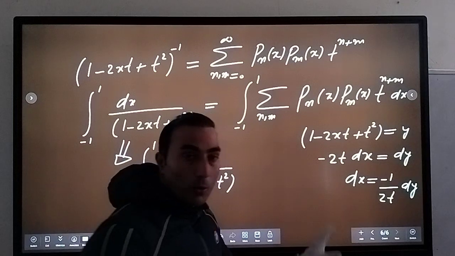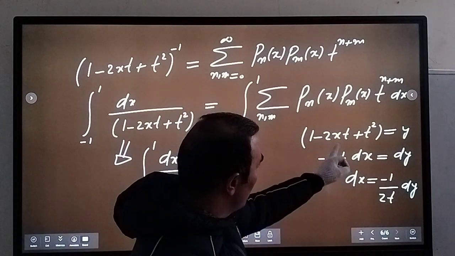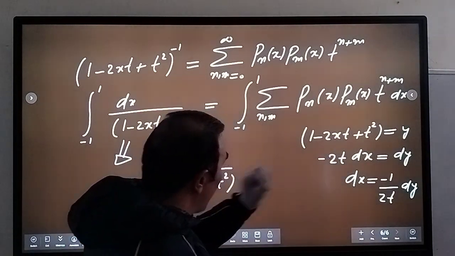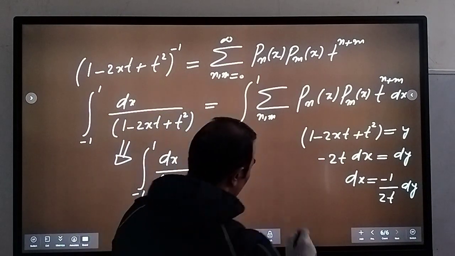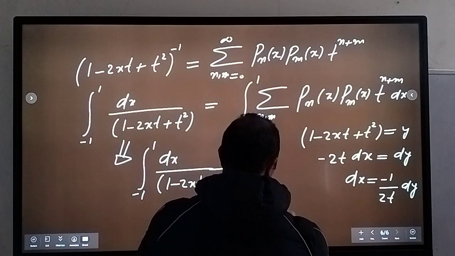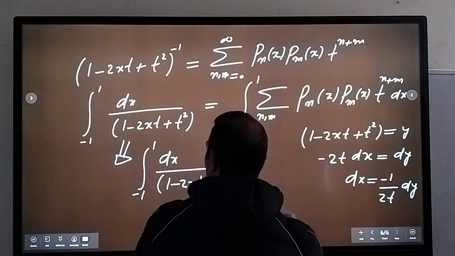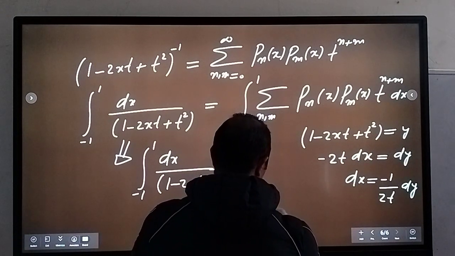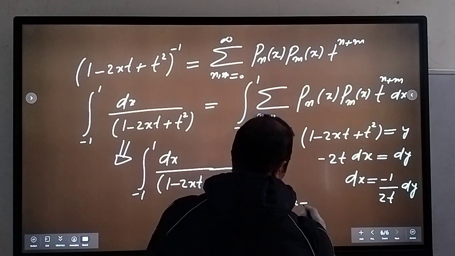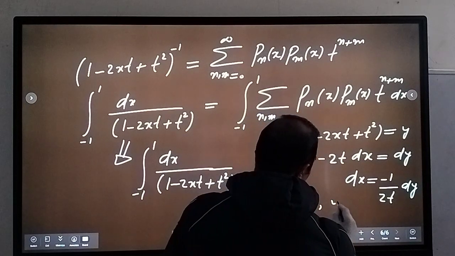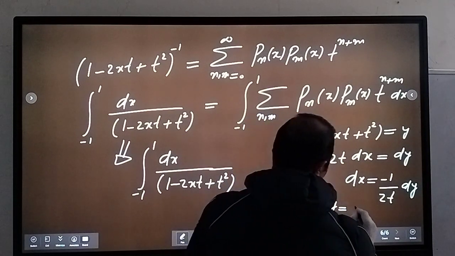Okay. So what about the limits? What will the limits be? When we put x equal to 1, what does our y become?